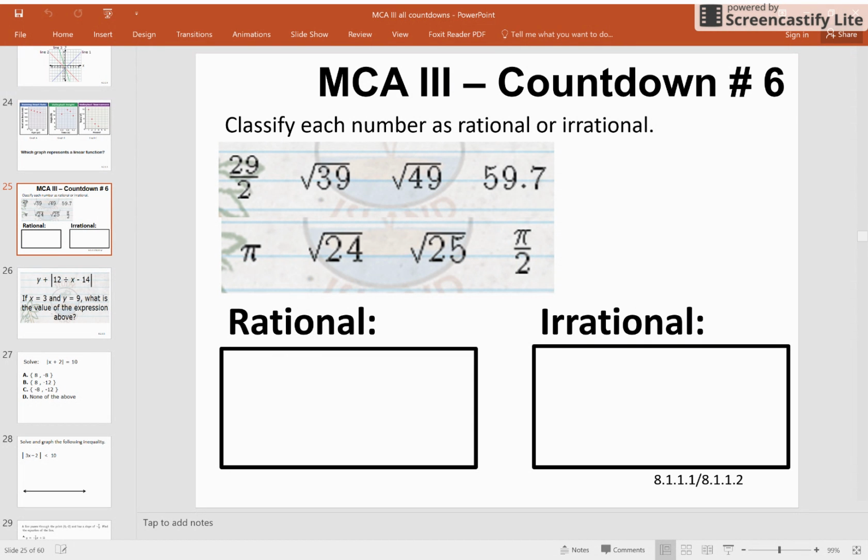Next, slope is -7/4, crossing this point. So I'm going to go back to my point slope form. y minus -3 equals -7/4 times x minus 8.